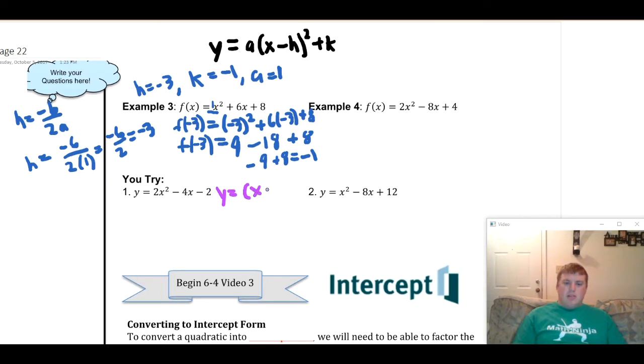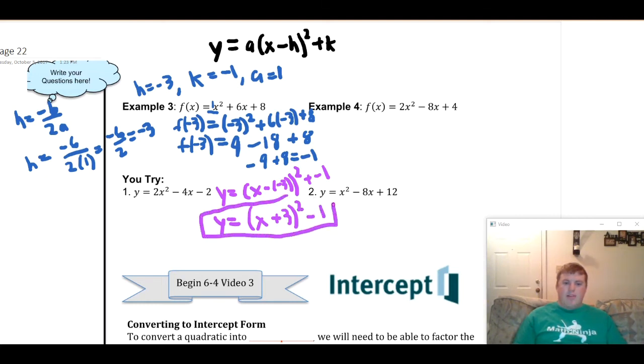The x is going to stay the same, and then I'm going to do minus h. Now this is minus a negative 3, so that's something we're going to fix here in a second. And then our k is plus a negative 1. So we do want to clean up our signs just a little bit. A negative negative is going to make a positive, and plus a negative is just subtracting 1. So there we have it in vertex form.